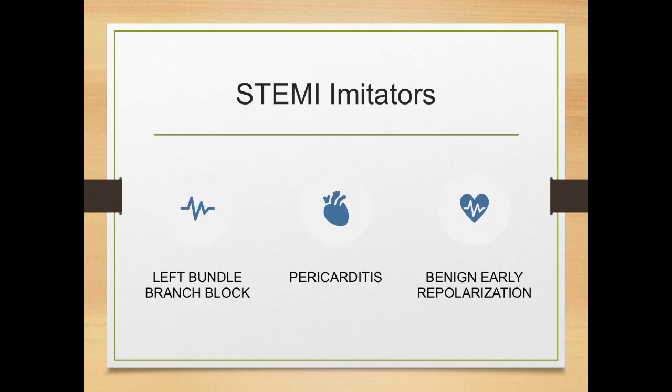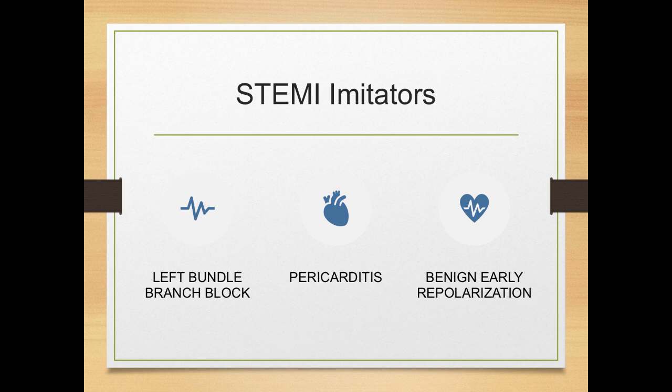The three big imitators are left bundle branch block, pericarditis, and benign early repolarization. Now, we've already talked about left bundle branch block and how that pulls up the ST segment normally, and how we can use Scarbosa criteria to differentiate, or I should say, help diagnose a STEMI in the presence of a left bundle branch block.